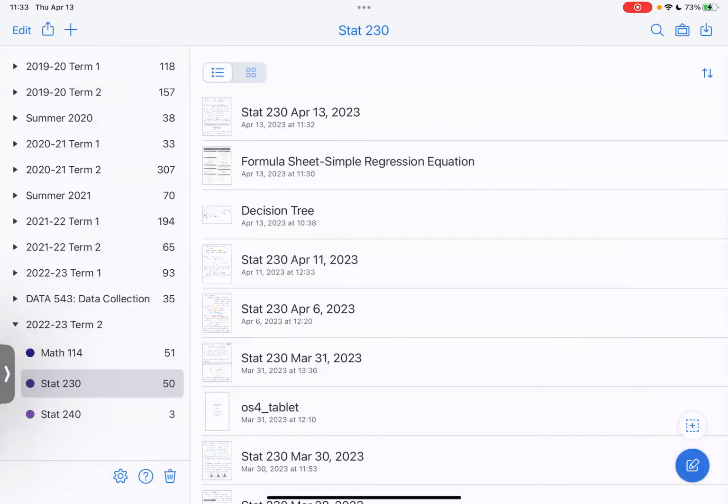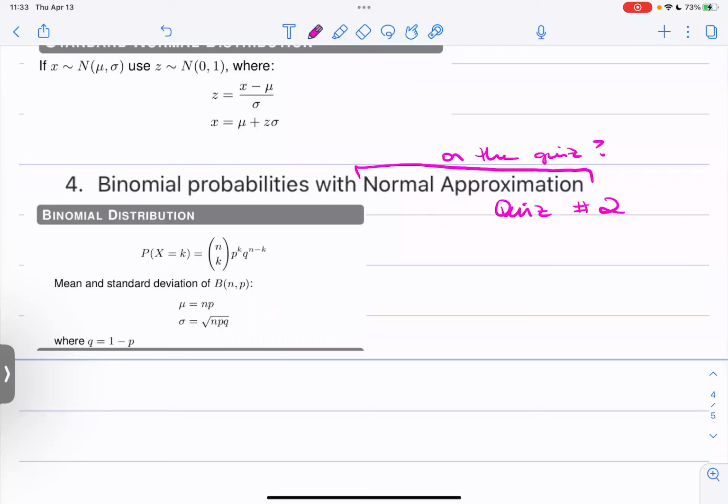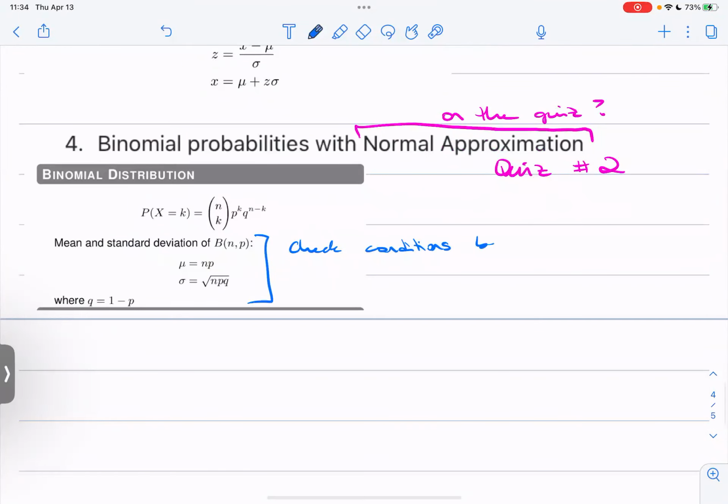And then you can use the mean and the standard deviation for the normal approximation, assuming that you have at least 10 successes and 10 failures, right? That's the first time that we saw that condition. And so here you have to check the conditions before using the normal approximation.